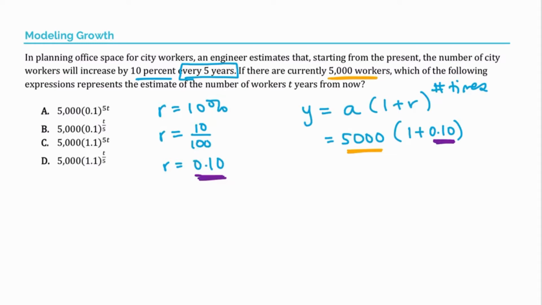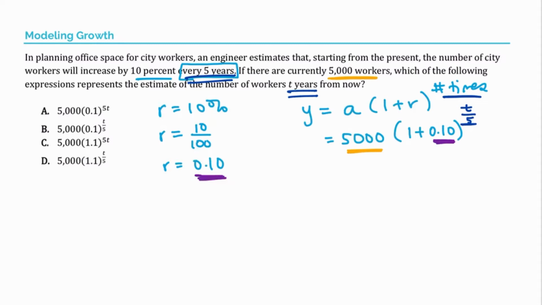Okay, so here we go. Which of the following expressions represents the estimate of the number of workers T years from now? So we have to think carefully here because we need to figure out, okay, well, what is the total number of times, right? What is this exponent going to be? If it's been T years, but it only happens every 5 years, then the total number of times that we would have actually seen this 10% increase would be the total number of years T divided by 5.